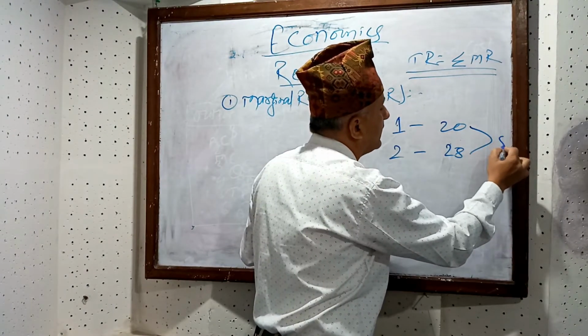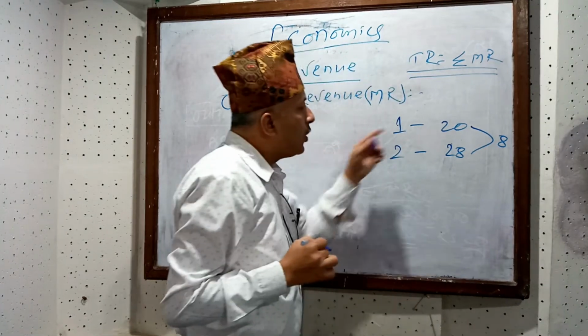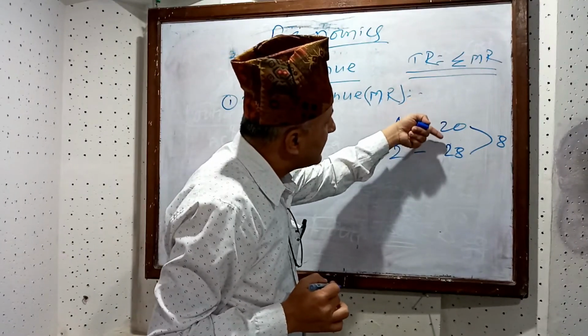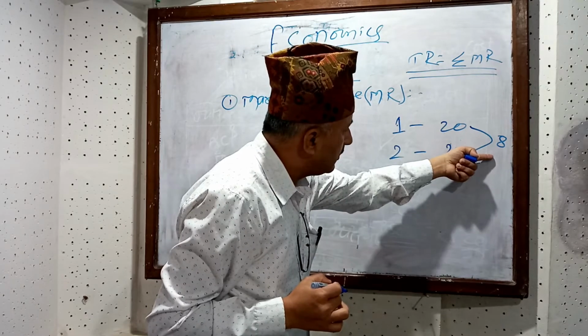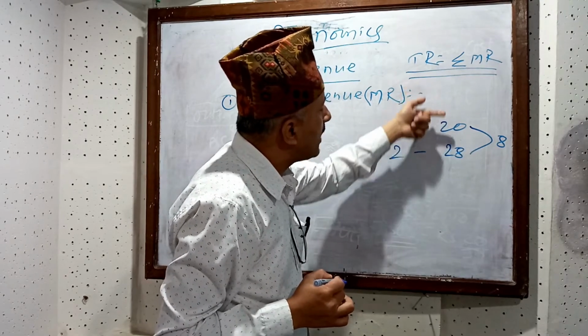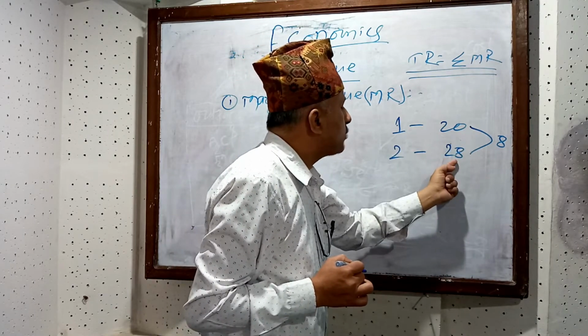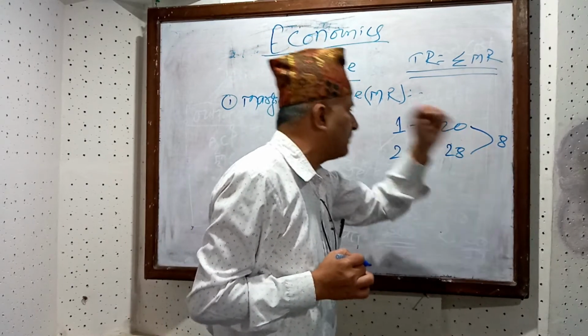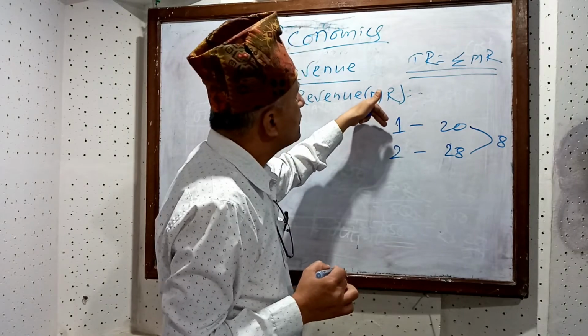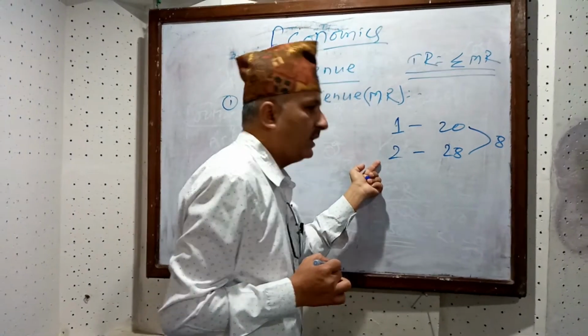Now look here, it is 8. That means total revenue has increased from 20 to 28, and the difference between 28 and 20 is equal to 8 rupees, because of the sale of one more unit of a commodity.